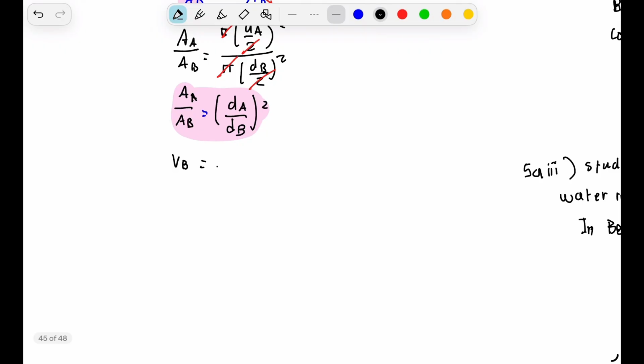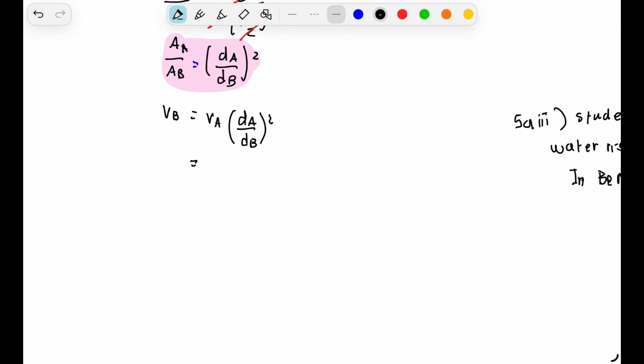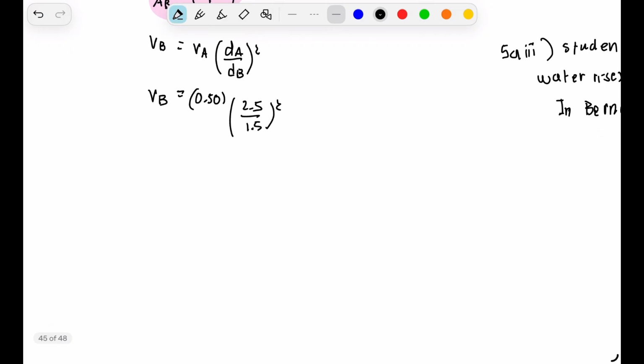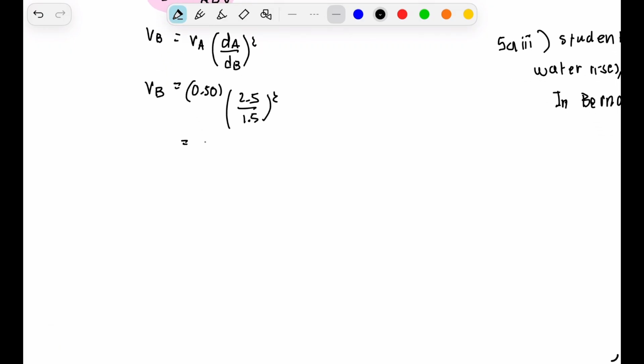So that's going to be the volume flow rate A, dA over dB squared. Now all you have to do is just substitute in your values. VA was 0.50. And we have 2.5 over 1.5 squared. And this is going to give you approximately 1.39 meters per second for your volume flow rate at B.